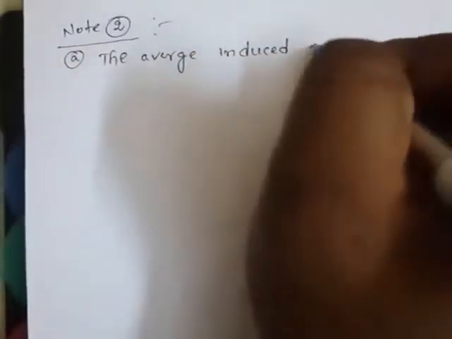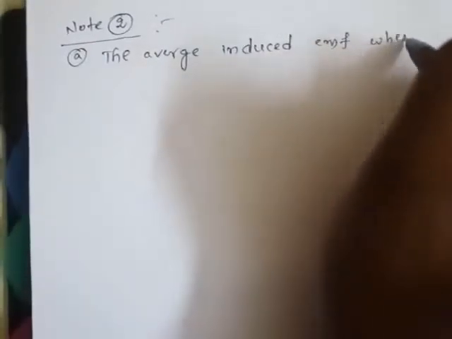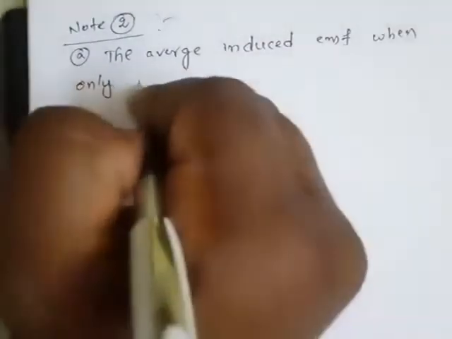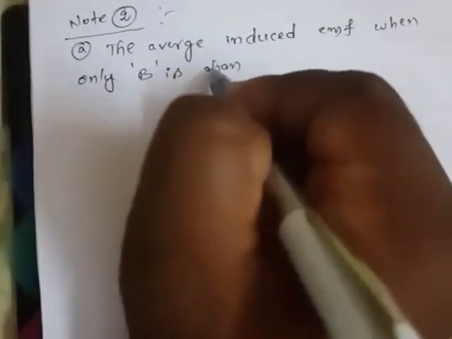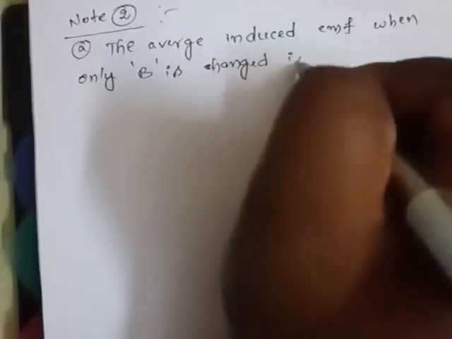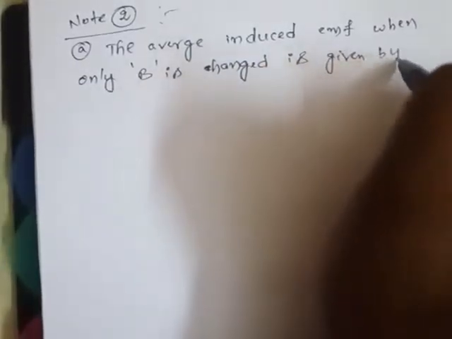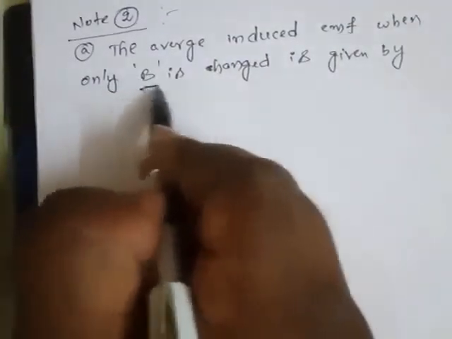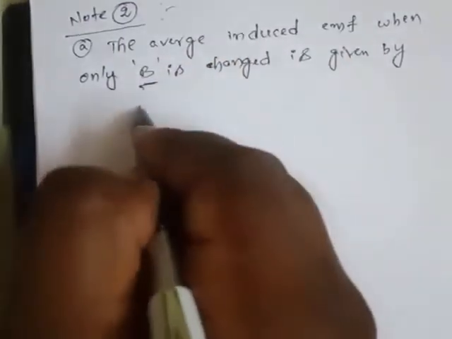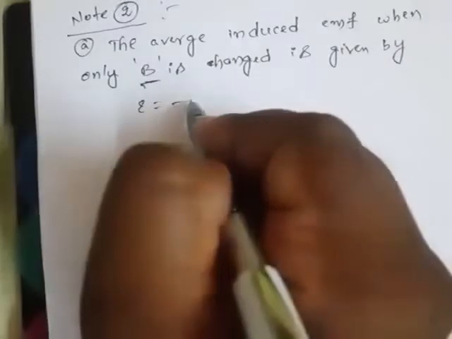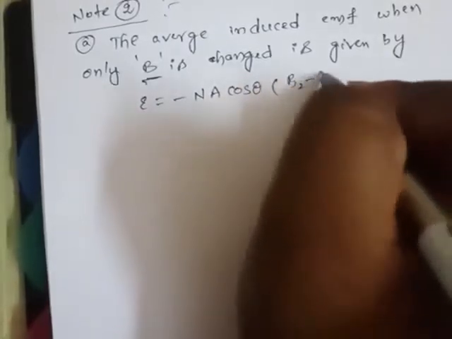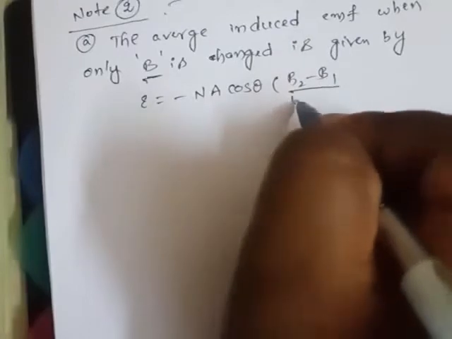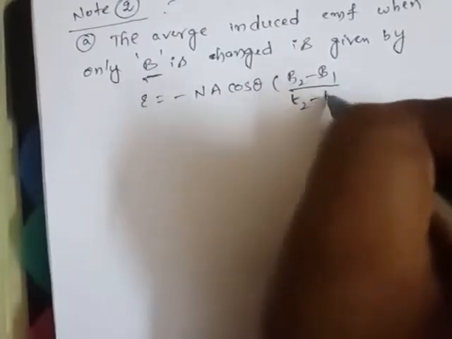The average induced EMF is given by E is equal to minus N A cos theta times (B2 minus B1) by (T2 minus T1).